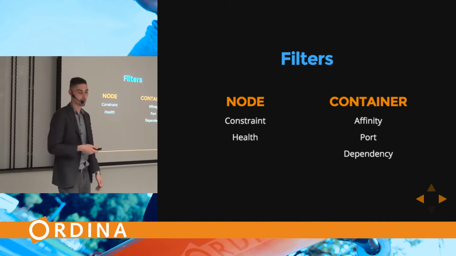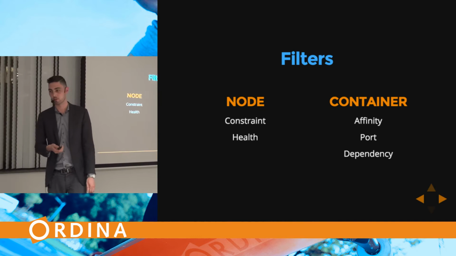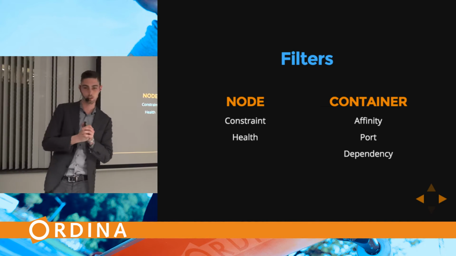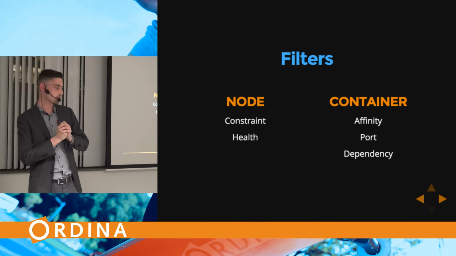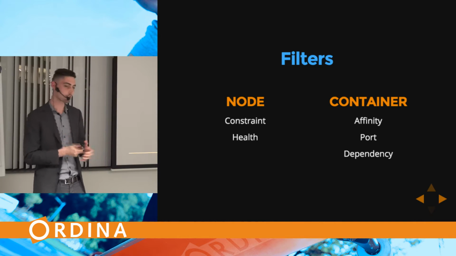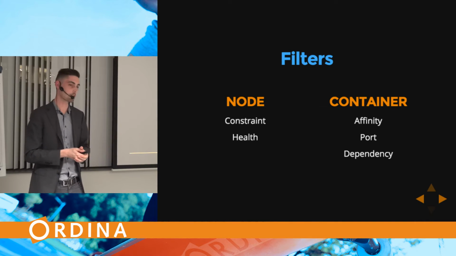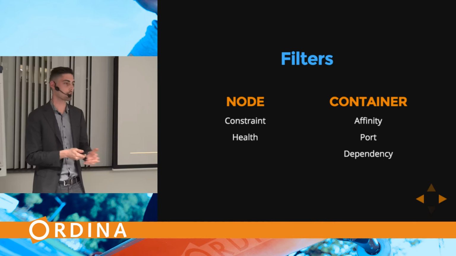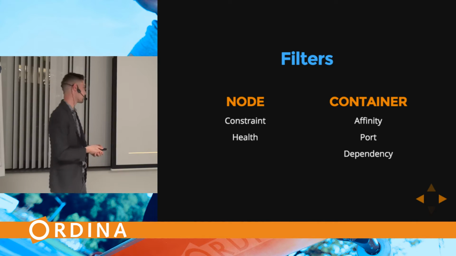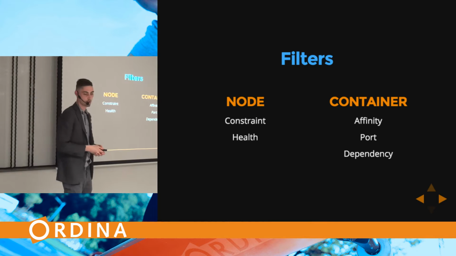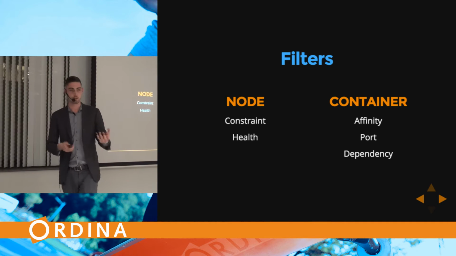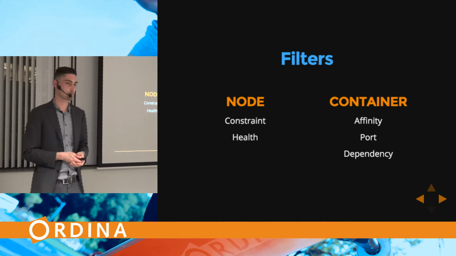But you can also have an affinity filter. So I say, okay, this container calls a Redis, so I want it to be hosted on a server that already has Redis running. Or you can say, I only want it to run on a host that has a certain port available.